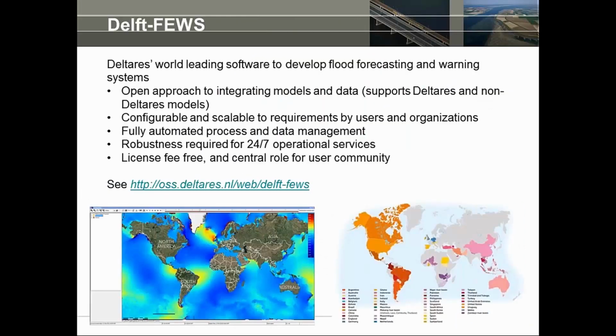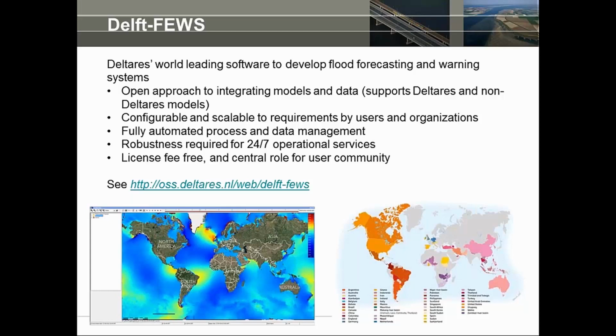I will go briefly over the three software packages that we used. First, I'll describe Delft-FEWS. This is the operational platform that we use in many similar projects to provide operational forecasting. The acronym FEWS has historical reasons. It stands for Flood Early Warning System, although these days it's used for many other topics, not only flooding.